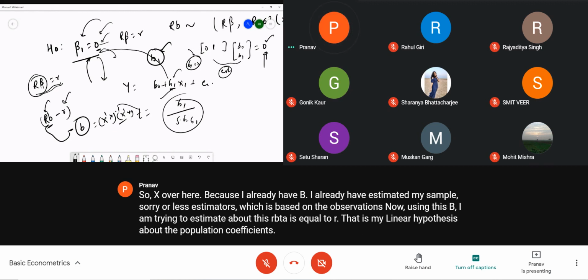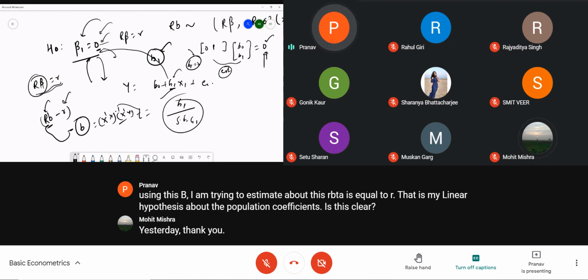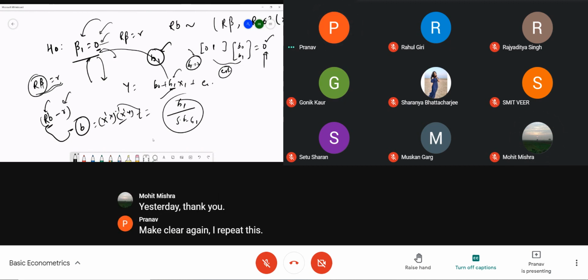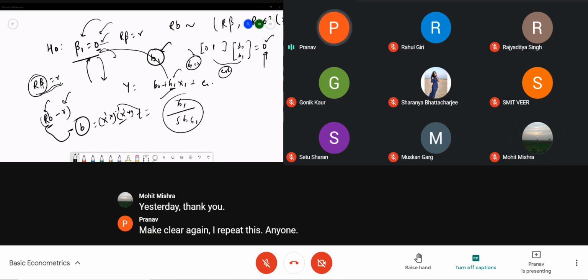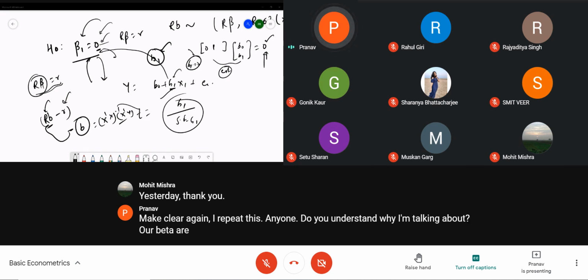Is this clear? Yes, sir. Yes, sir. Thank you. Make it clear again. I'll repeat this. Anyone? Do you understand why I'm talking about R beta, Rb minus r as statistic? If anyone has any doubt, please ask right now.